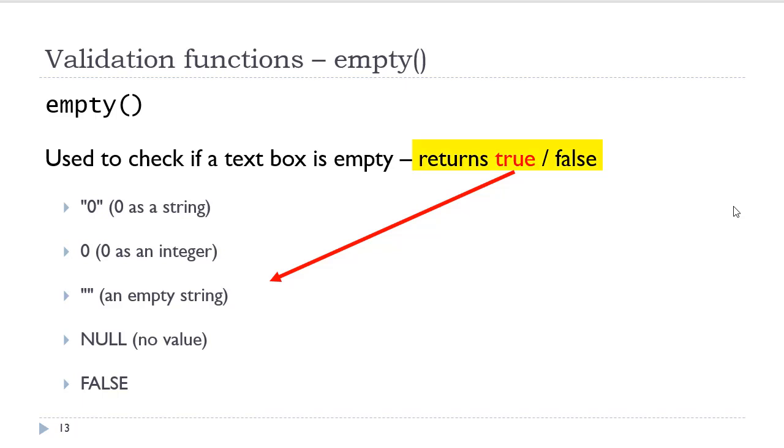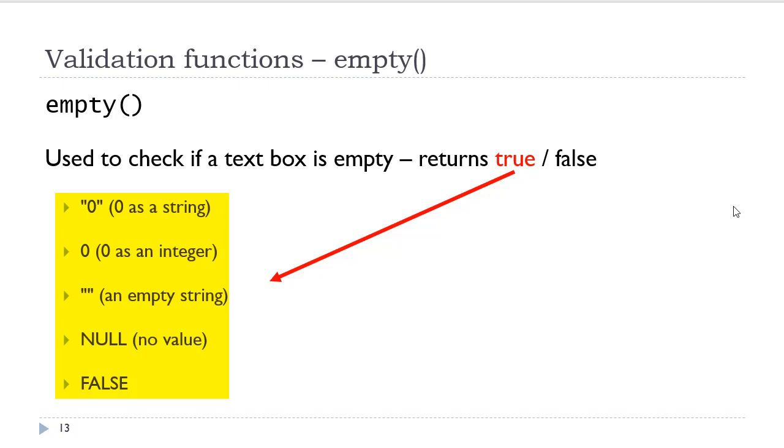The empty function is a Boolean function. It essentially returns true or false. It will return true if the value is a 0 as a string, 0 as an integer, an empty string, meaning nothing was entered, null, meaning there's no value, or a value of false.